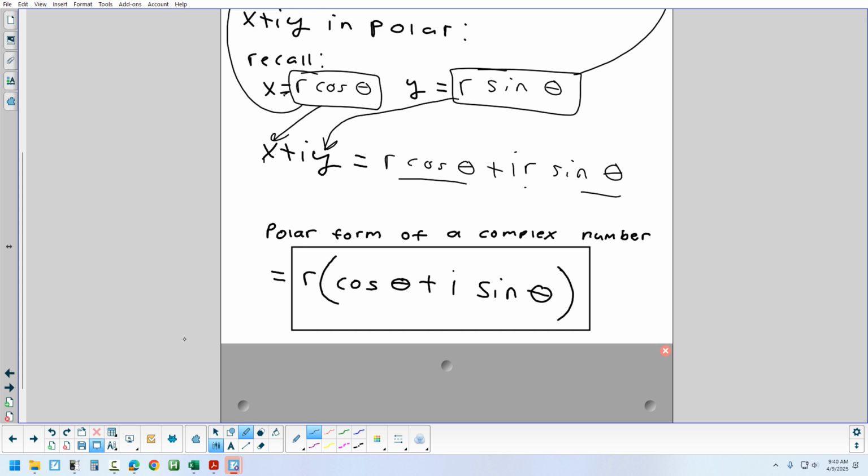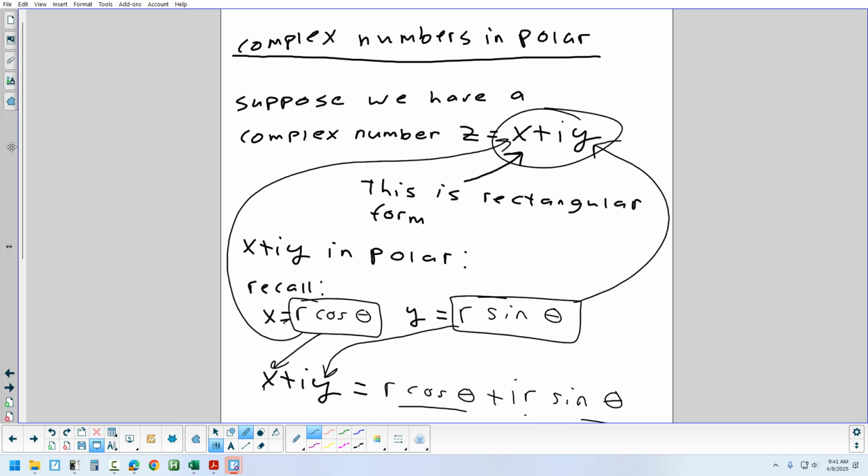If you distribute it out, you would have r cosine theta, and then r with the i sine theta, just like we have right there. That's how you write a complex number in what we call polar form. It's also called trig form. So that's polar form, and that's standard form or rectangular form.